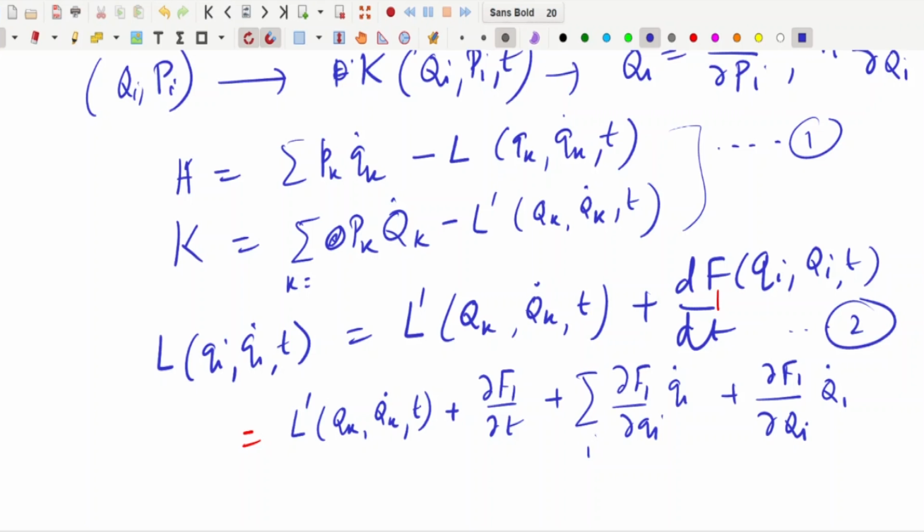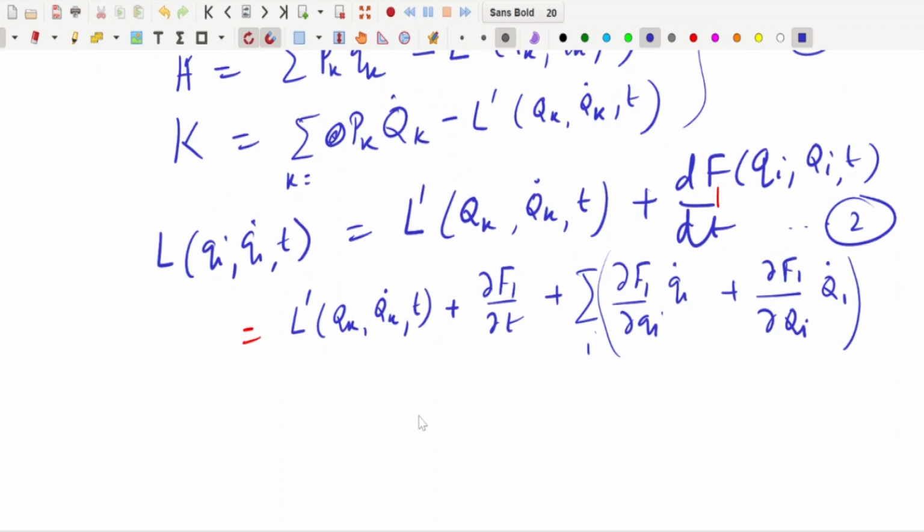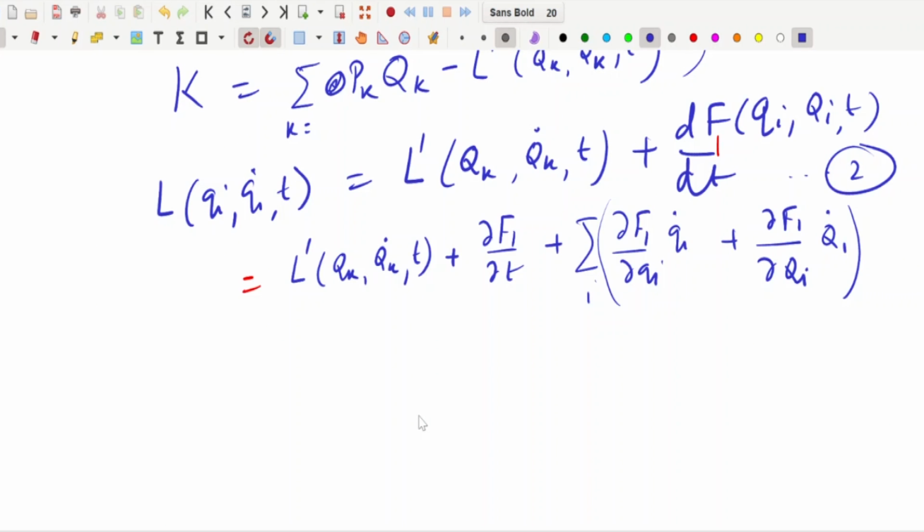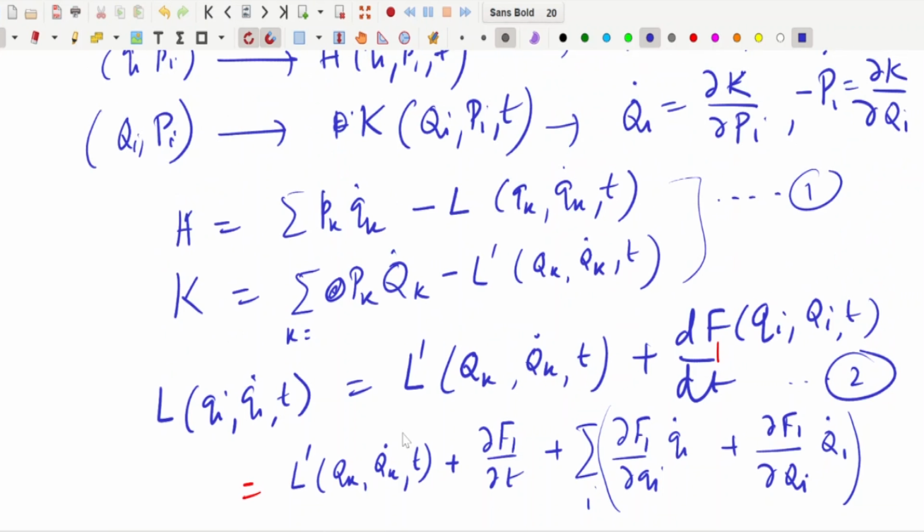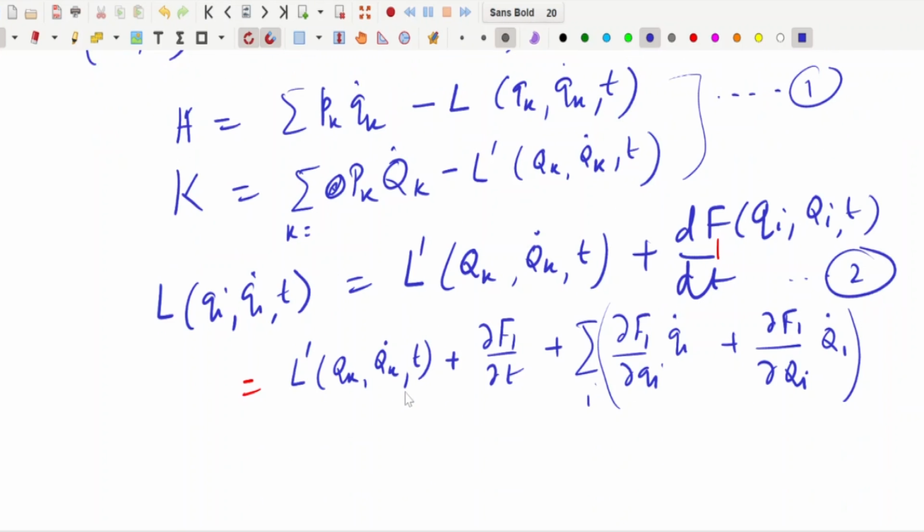But remember, I forgot to mention, we are not considering the point transformation; we are making a transformation of the canonical variables phase space. So we have to go to the Hamiltonian form, and use equation 1 for both L and L prime.